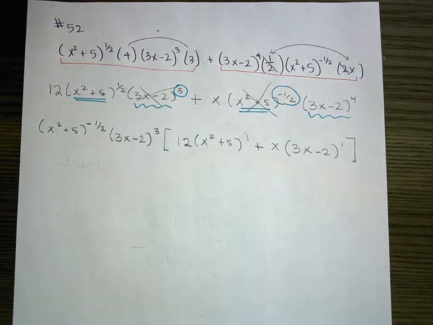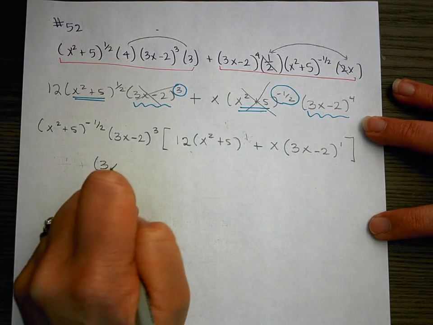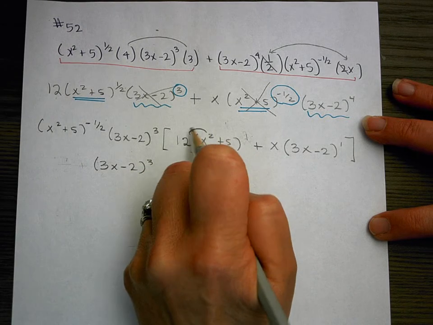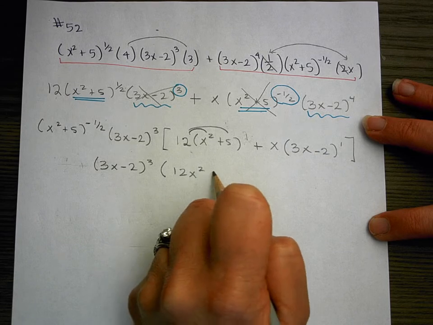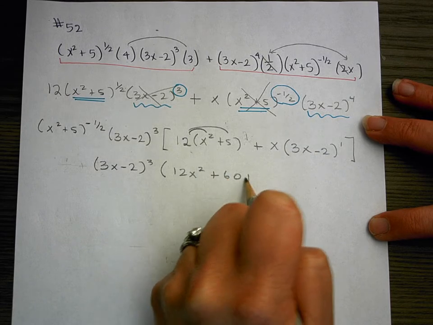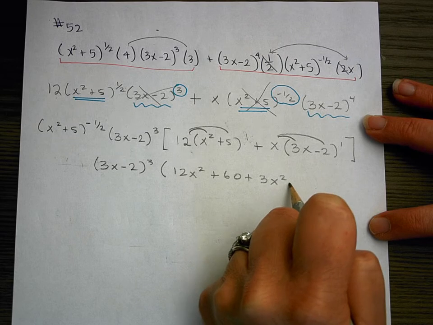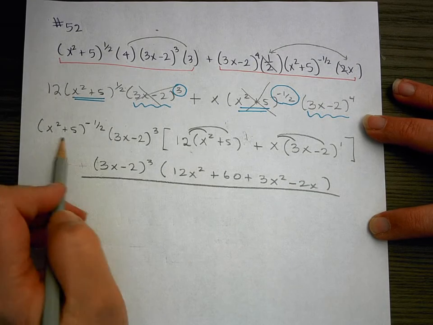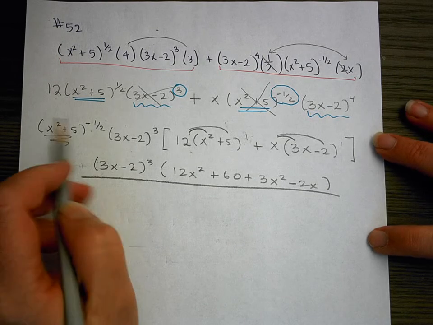So now I'm going to simplify in here just a little bit. I'm going to distribute in that 12, and then distribute in that x. This one right here, I didn't write down, but this has a negative power, so it can move to the denominator.